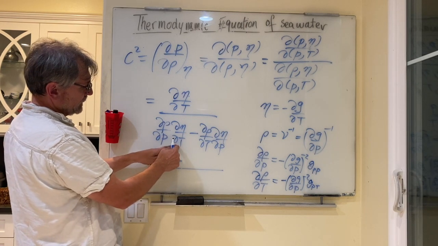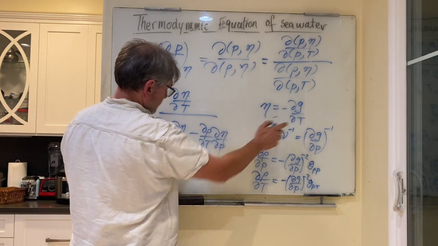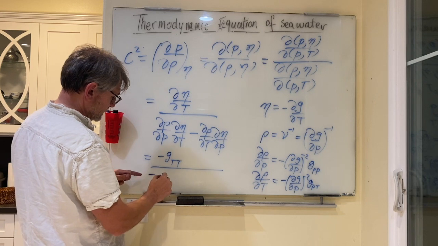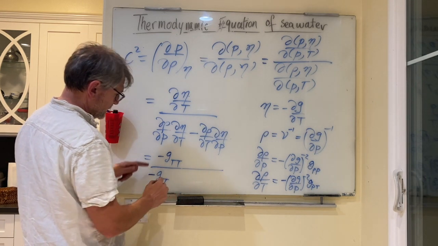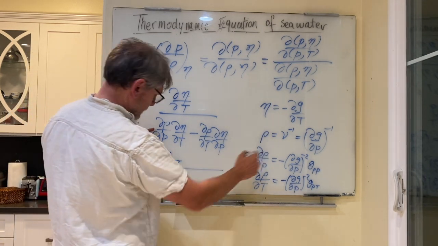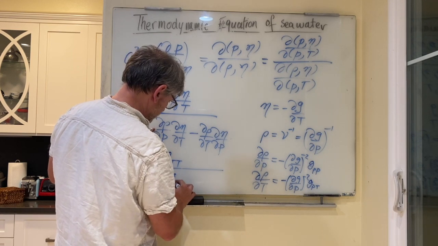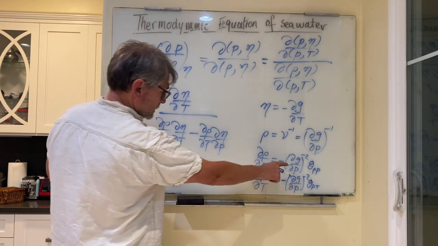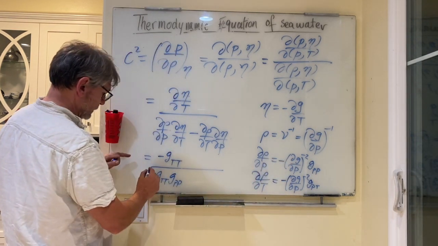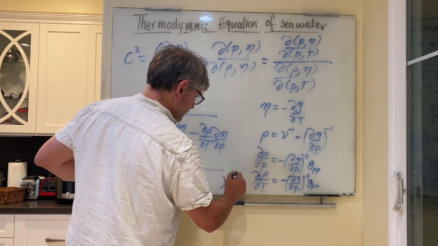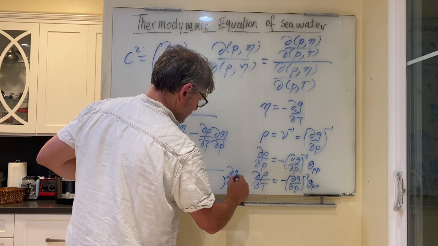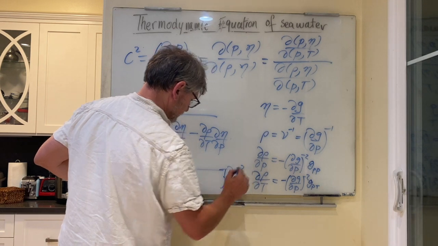And so if I substitute this in here, for this term, d eta dt becomes g tt with a minus, so I get minus g tt, and d rho dp is g pp with this factor coming out front. So I'll put that factor out at the end, dg dp to the minus 2.